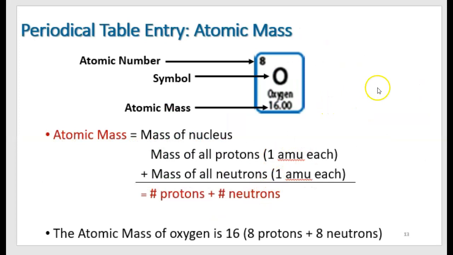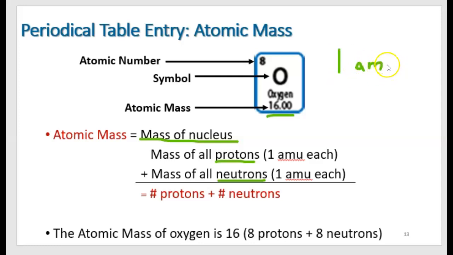Also in the periodic table entry, you'll notice there's another number beneath the atomic symbol called the atomic mass. The atomic mass is the mass of an atom's nucleus. In the nucleus you have both protons and neutrons, and each weighs 1 atomic mass unit.